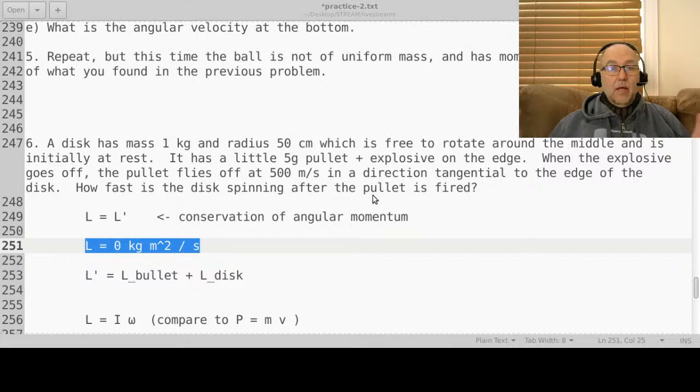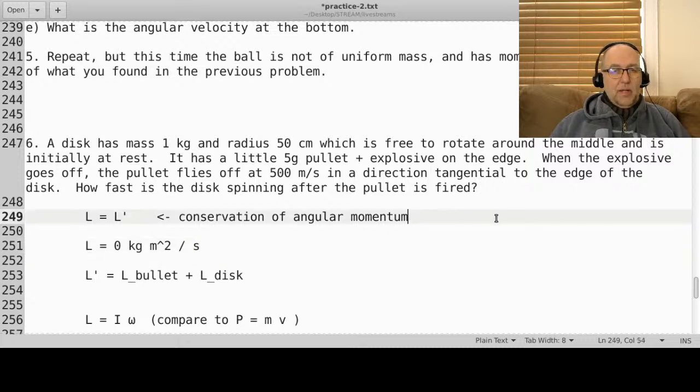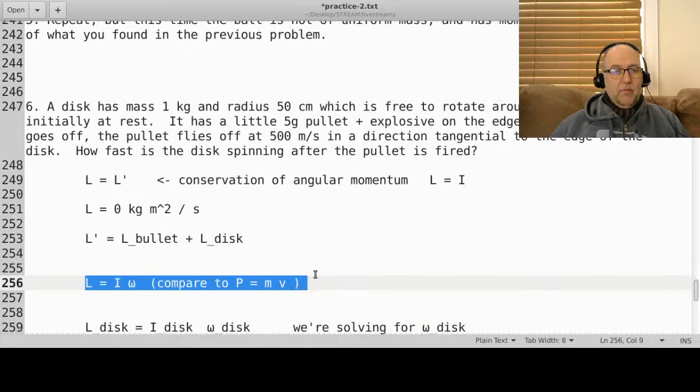Okay, now initially the angular momentum is 0. Why? Well, nothing is moving. And angular momentum, maybe I should write you a formula over here. Basically, whenever you hear angular momentum, you should always think angular momentum is made up of I times omega, like that. Actually, I have it written down here. Okay, so every time you hear the word angular momentum, you should think I times omega.